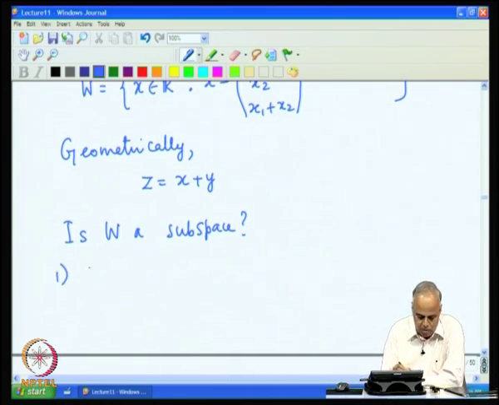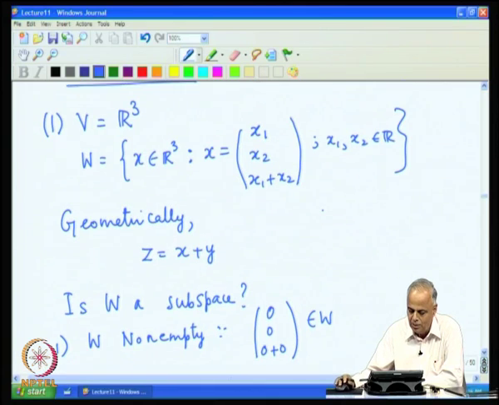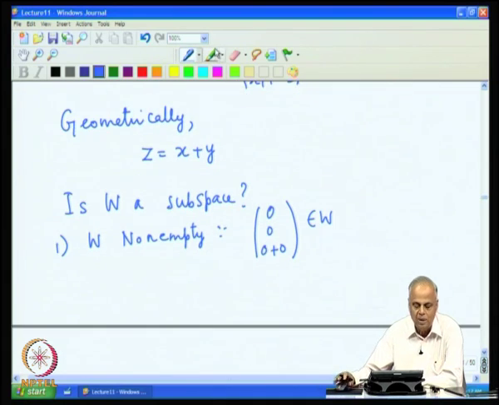One, is it non-empty? W is non-empty because (0, 0, 0+0) belongs to W, because this is of the form where x1 is 0, x2 is 0 and x1 plus x2 is again 0. So W is non-empty, the 0 vector belongs there.